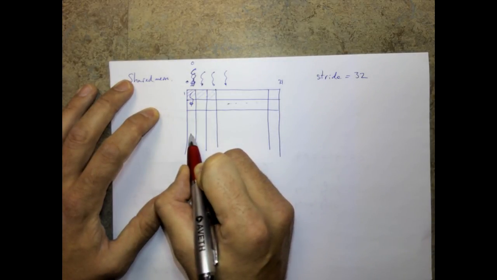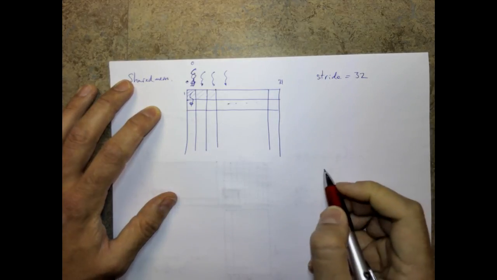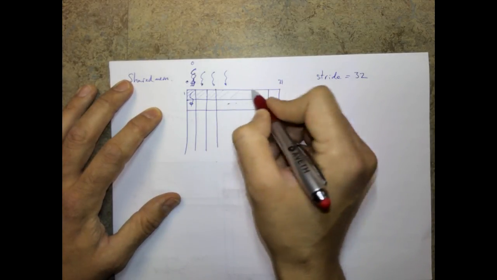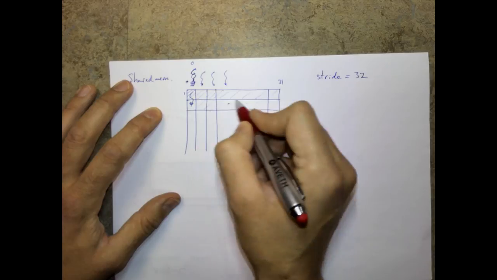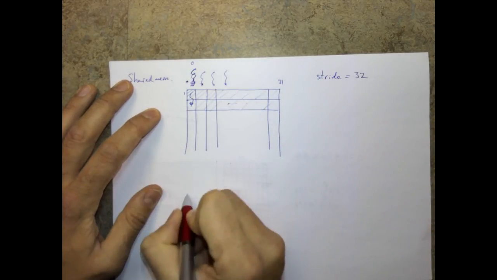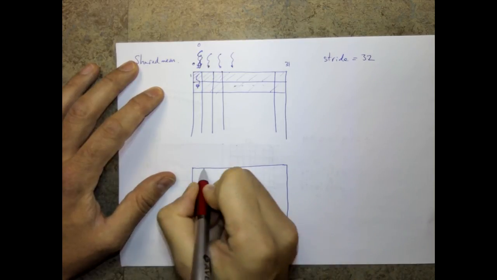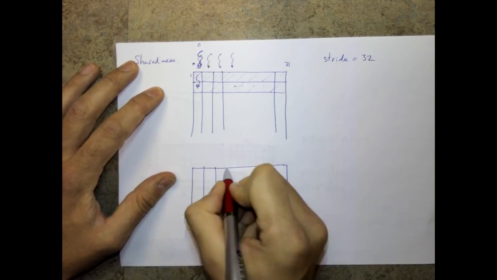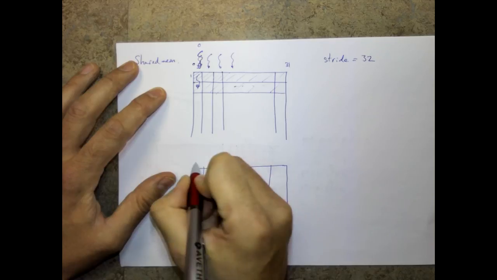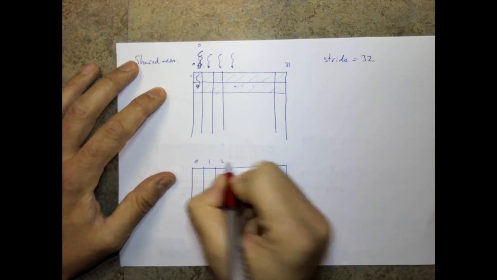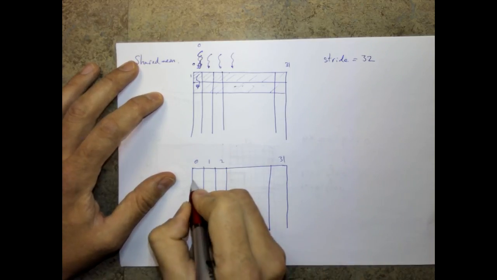What can we do to simply avoid this? We can pad. Instead of having the data stored like this, we could have something like this. This is bank 0, 1, 2, 31.